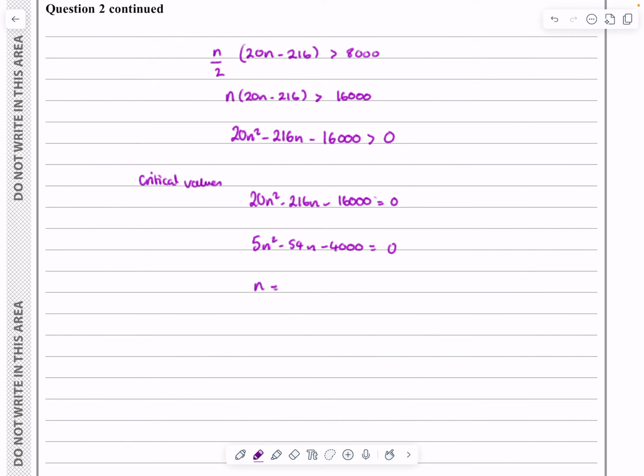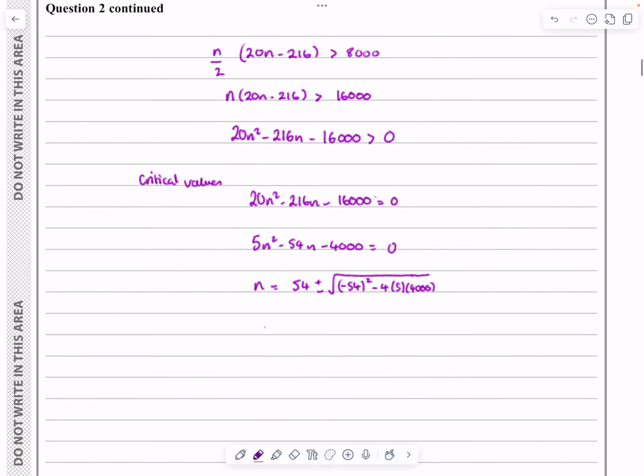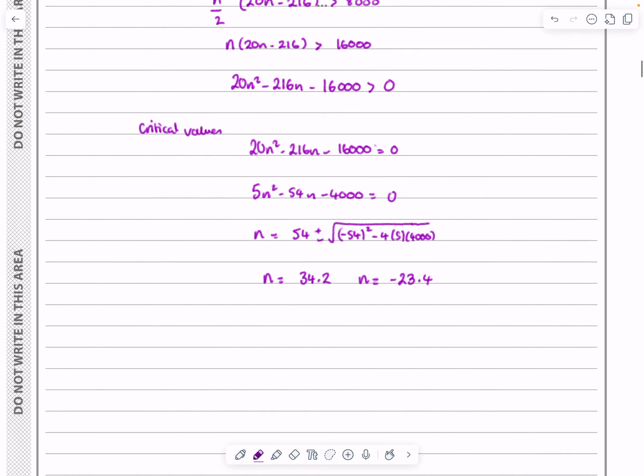Use the quadratic formula. n is 54 plus or minus the square root of 54 squared minus 4 lots of 5 lots of 4,000, all over 10. So we're going to get that n works out to be equal to 34.2, or n works out to be equal to minus 23.4 here.